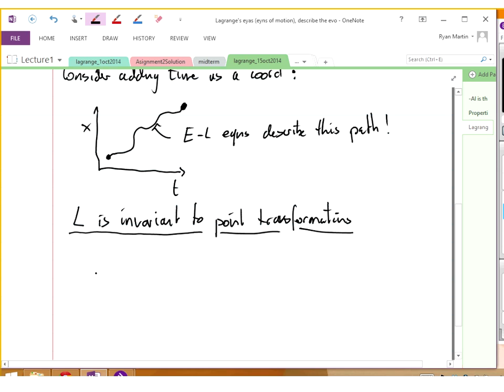So what that means is that the Euler-Lagrange equations are invariant and do not depend on a specific choice of coordinate system.